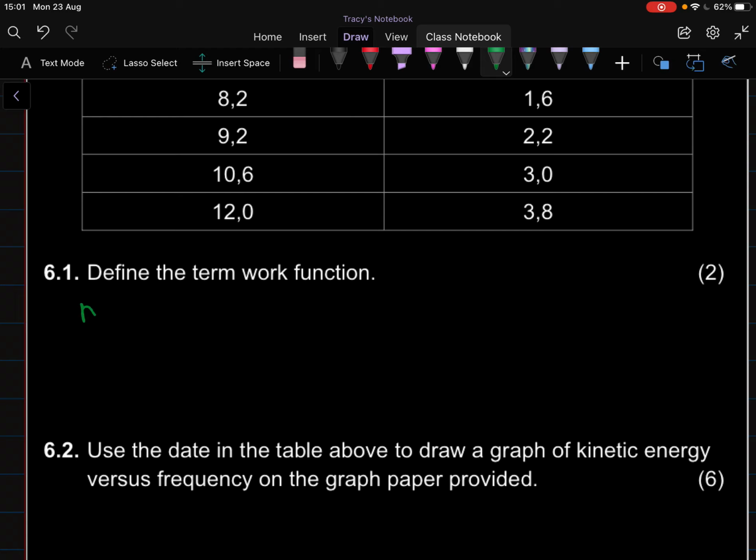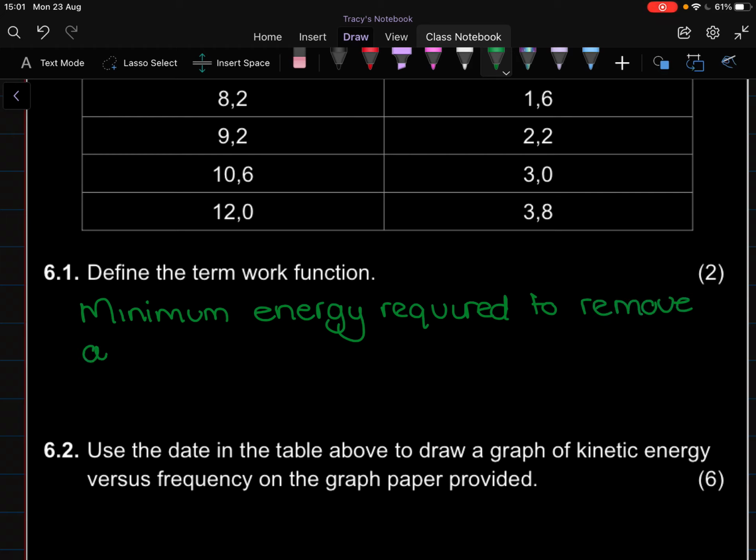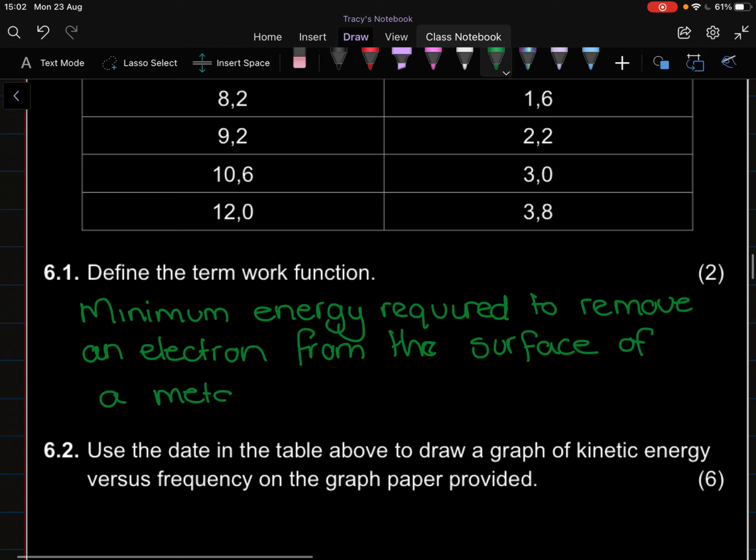So it's the minimum energy required to remove or eject an electron from the surface of a metal. So that's easy.